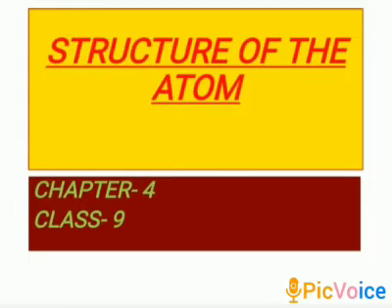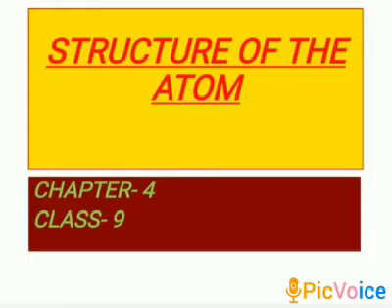Atoms of all elements except hydrogen are made up of three subatomic particles, that is electrons, protons and neutrons. Because a hydrogen atom is made up of only one electron and one proton, it does not contain any neutron.